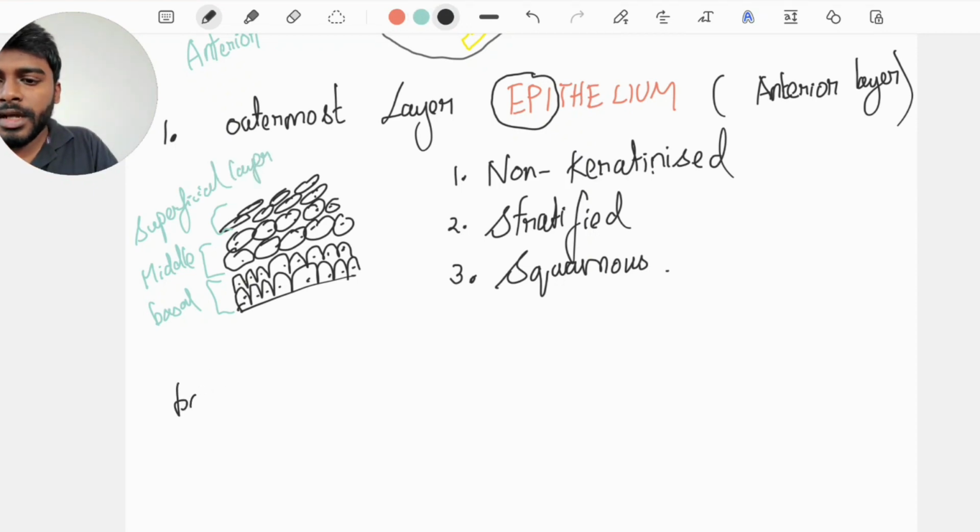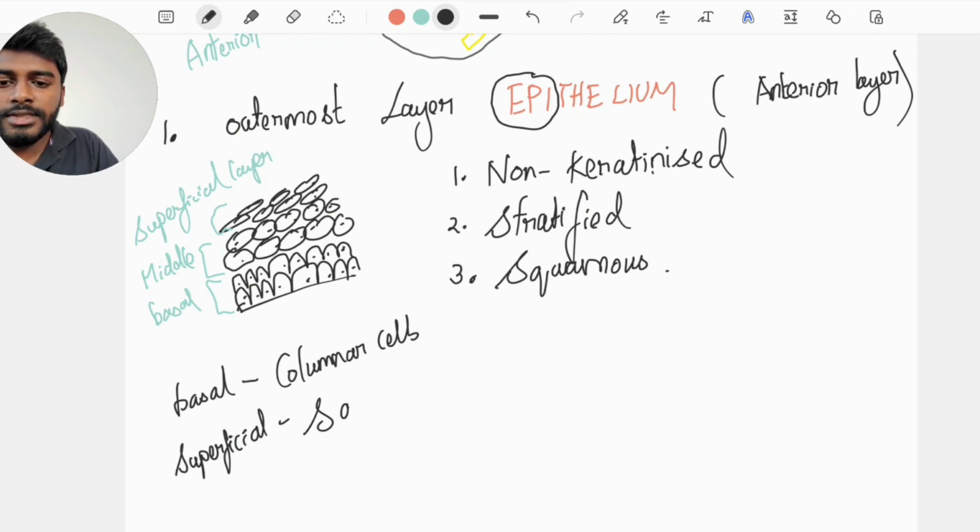Here the basal layer has columnar cells, and the superficial layer is flat, so it is called squamous cells. The middle layer is compressed between the basal layer and the superficial layer, so it is called polygonal; it doesn't have any definite shape, as it is compressed in between.